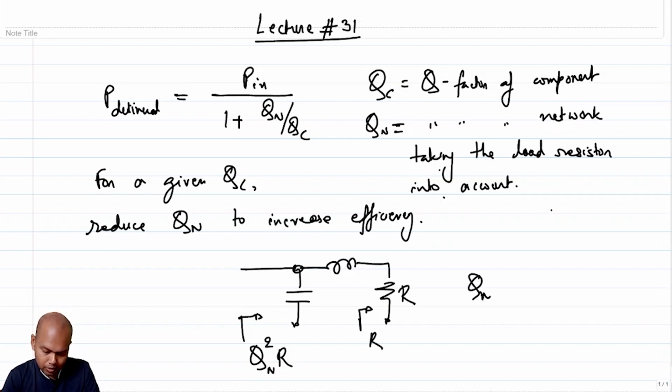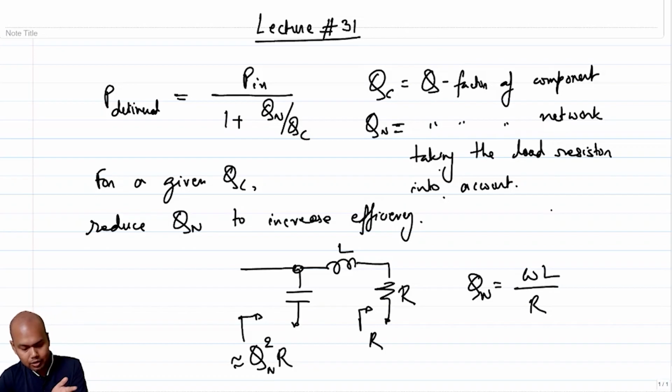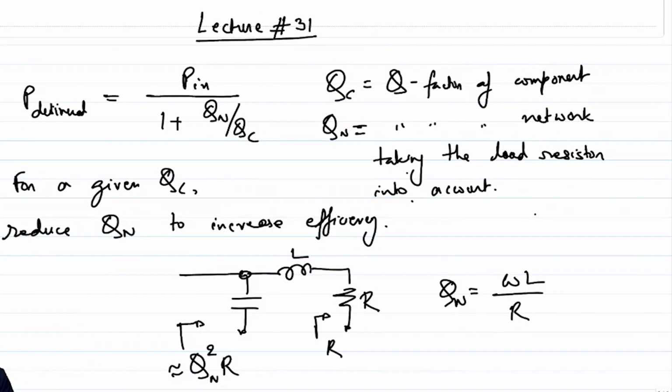By the way, this is approximate, there is actually Qn squared plus 1 times R, so you have to always keep in mind that there is an approximation associated with it, where Qn was essentially omega L over R. So if you wanted to increase this R by a factor of, let's say, 16, then you would naturally want Qn to be 4, right? So that is related to whatever requirement of the turns ratio of the equivalent transformer that you are making.